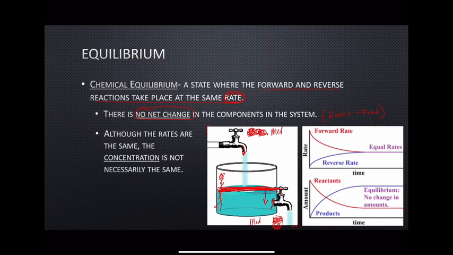So, one thing that's important to note, though, is that at chemical equilibrium, just because the rates are the same, as you see here, the forward rate levels out with the reverse rate, and we have equal rates, what doesn't have to happen is the concentration doesn't have to be the same, okay? Here we see there's a lot more of whatever this blue guy is, and a lot less of the red, okay?